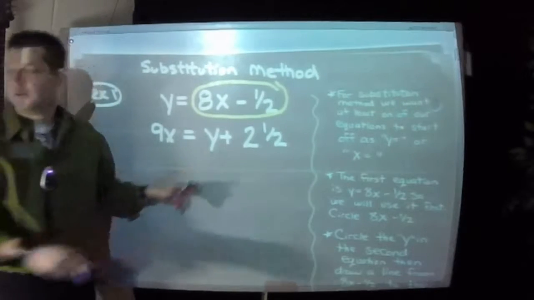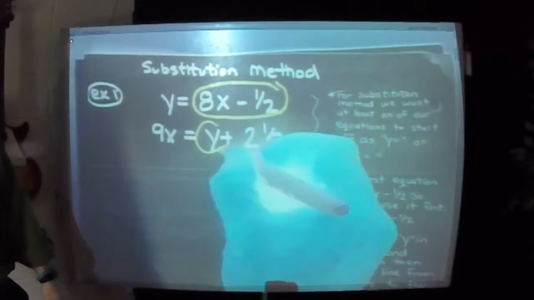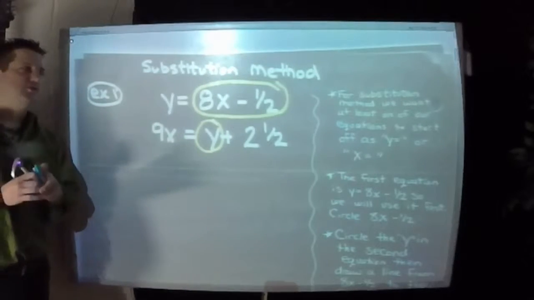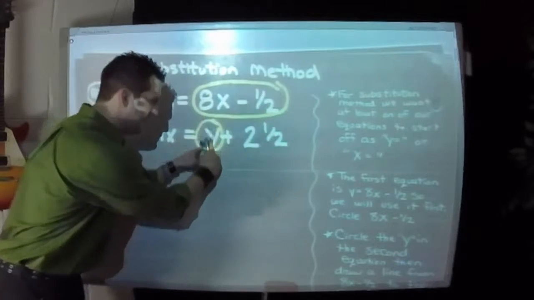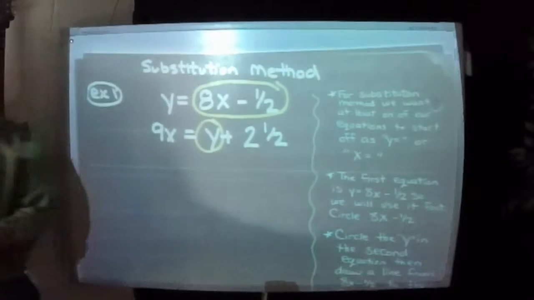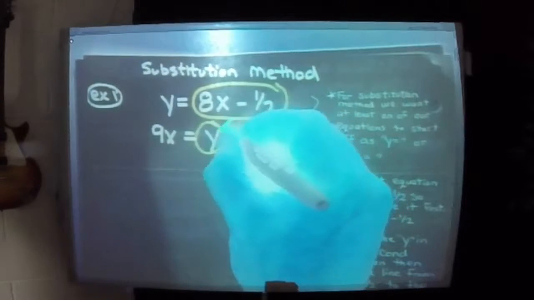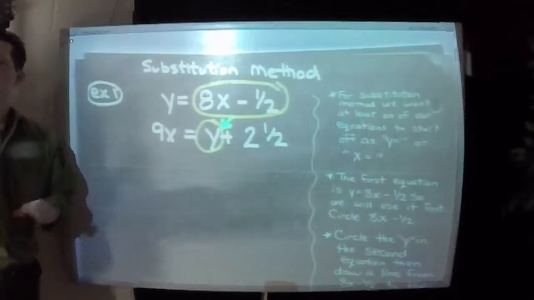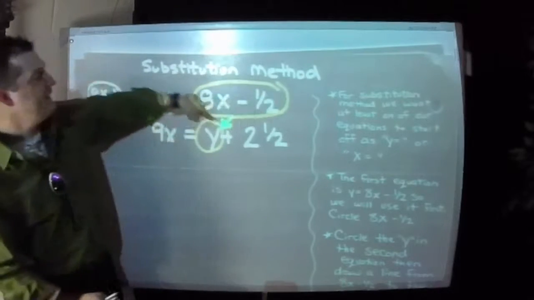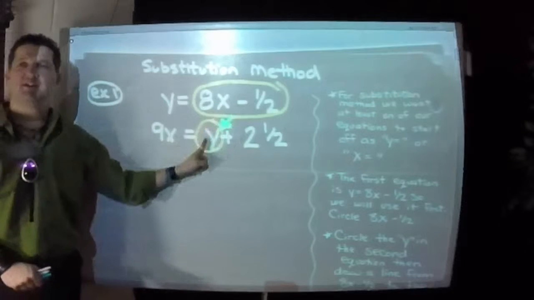Circle it. Here's our substitution. I want to take all of this junk right here and I want to sub it in where that circle is. So draw an arrow from here to here. So substitution means find something to circle, y equals, circle it, and sub it into the other equation.